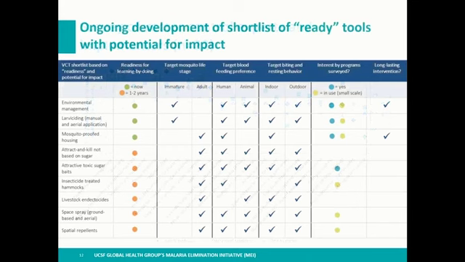So out of all of this work, the systematic literature review, the preliminary survey of experts, we have developed what we think is a short list of vector control tools that within the next 1, 2, 3 years could be integrated more and more in malaria programs. So some of these are currently in evaluations.